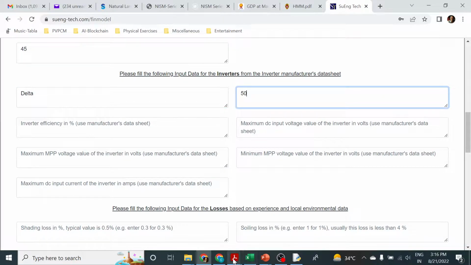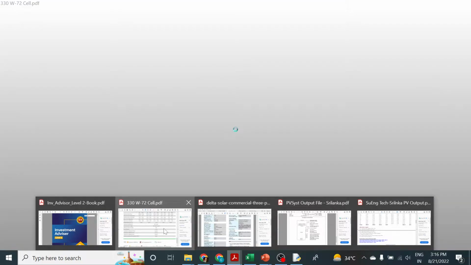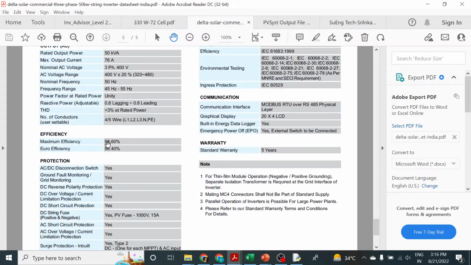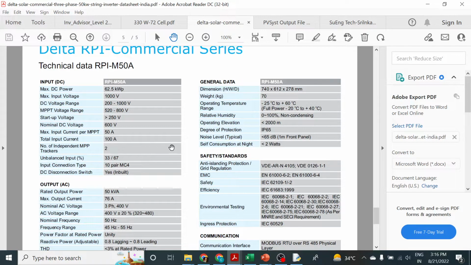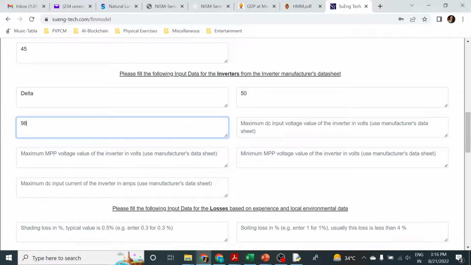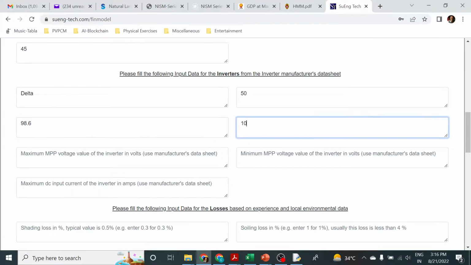Inverter efficiency I can get from here, 98.6%, and you see here the input DC data, the maximum voltage is 1000 volt. So I input 98.6 and maximum input voltage is 1000 volt.